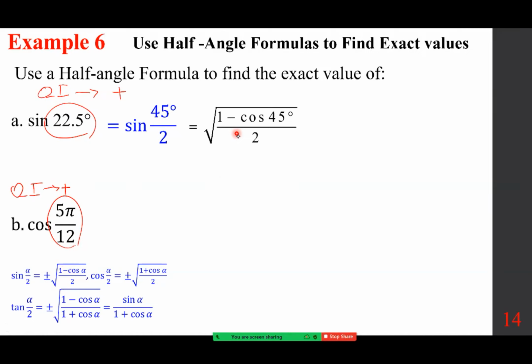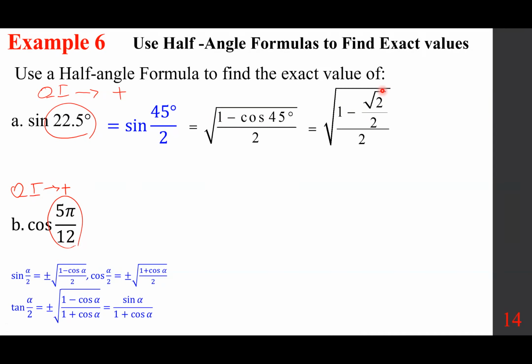And we know cosine is square root of 2 over 2. If I multiply the top by 2 and the bottom by 2, the bottom becomes 4, and the top is no longer having any fraction, it becomes 2 minus square root of 2.